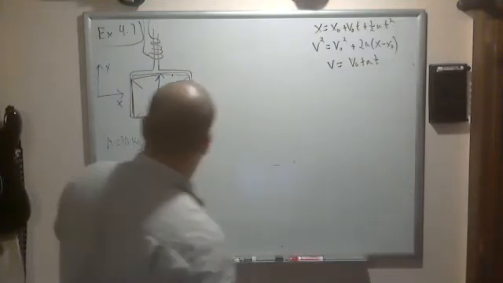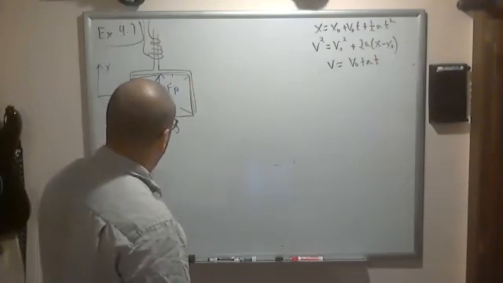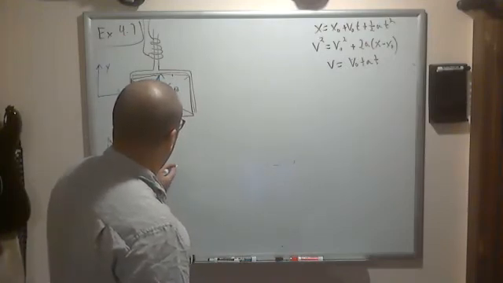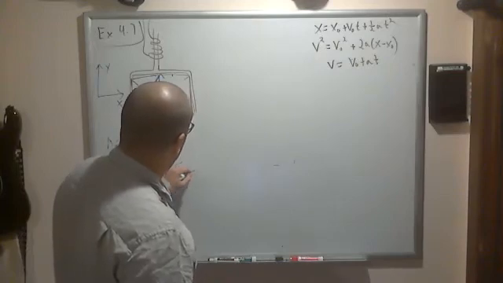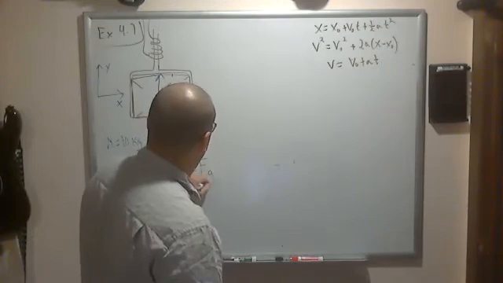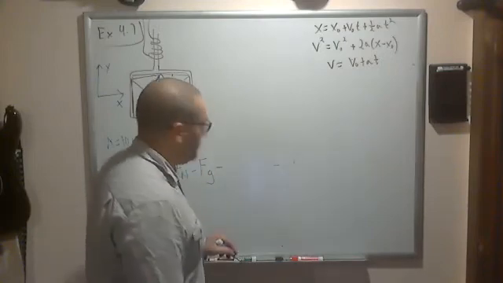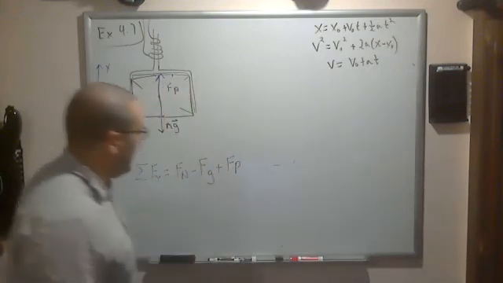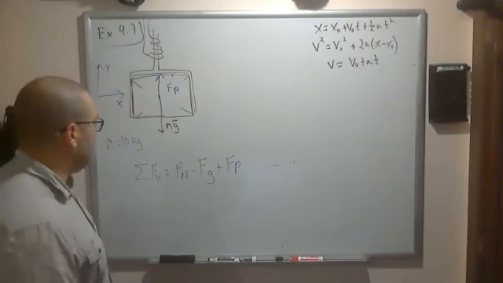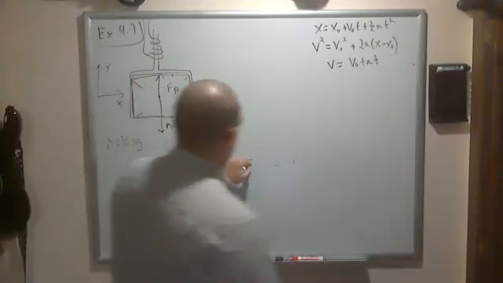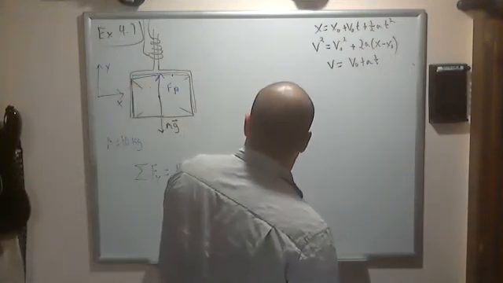The net force on this box, remember from last time, is equal to the normal force, whatever the normal force occurs from, plus the force of gravity, plus this force of pulling, which we'll call FP. And in this case, the normal force is 0.